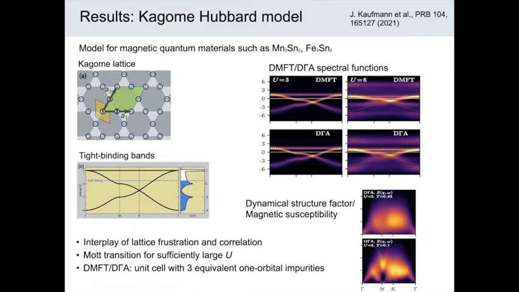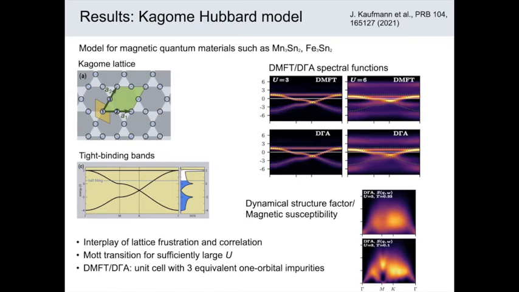So on the right, you can see that they did DMFT and DΓA calculations for this model. The left column shows it for U equal 3, and the right column is for U equal 6, a larger value of U, but still not at the Mott transition.